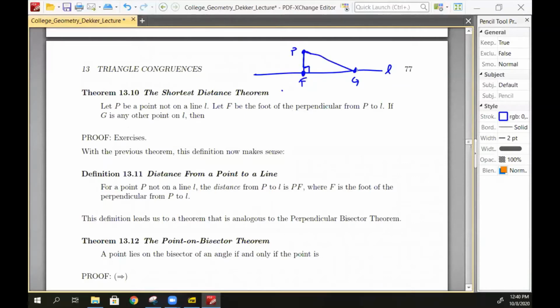This was the foot, this is some other point. Then the distance from P to F is less than the distance from P to G. That's why we can say that the distance would be from P to F. It's unique. It is the smallest distance. Makes sense.